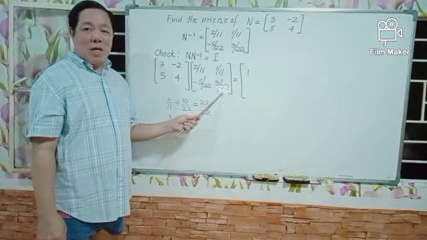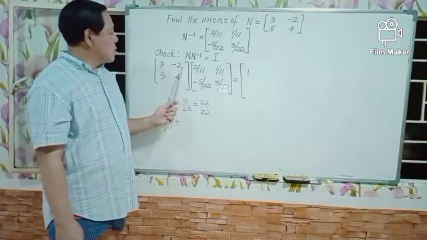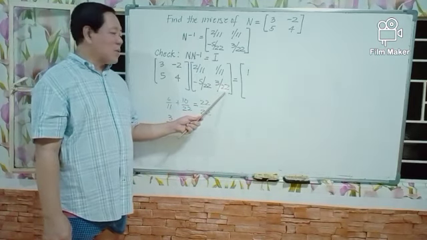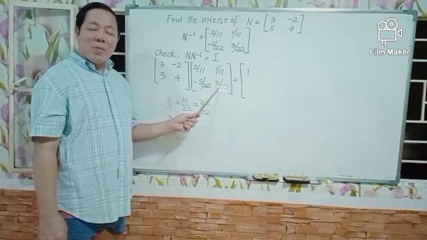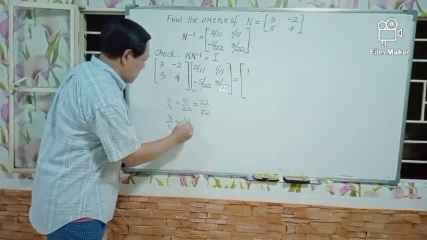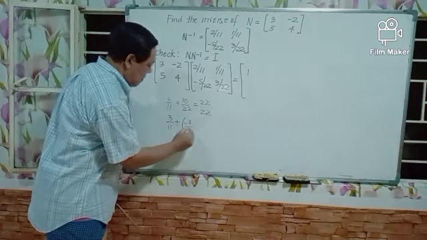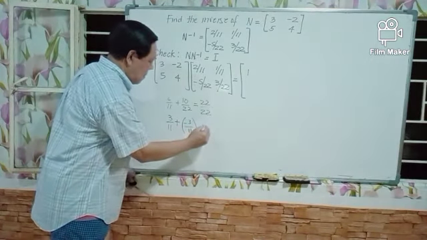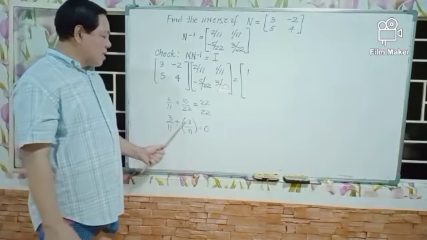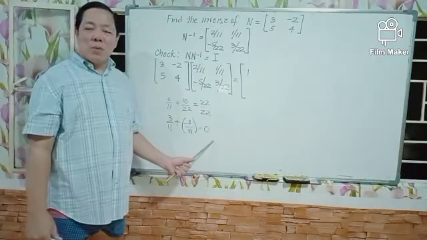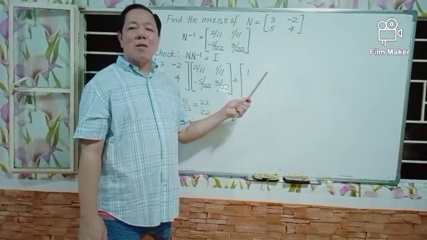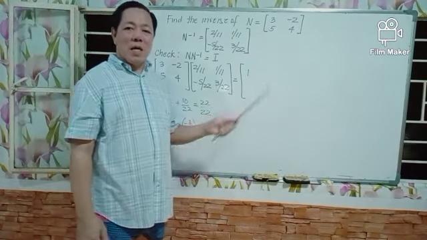Or you can reduce that to lowest terms. 2 over 22 in lowest terms is 1 over 11, multiplied by 3, negative 3 over 11. And positive 3 over 11 plus negative 3 over 11 is equal to 0. Thus, the entry here in the second column and first row is 0.